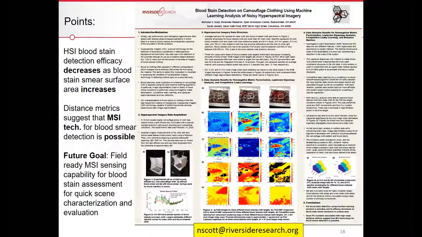But there are methods. I can research them and get back to you, but I'm not doing them in my work. So right now, the way this technology is being applied, you can use it to detect basically the square footage of area covered by blood, not necessarily the density or volume of the blood. That's correct. Excellent. Thank you very much for that clarification.